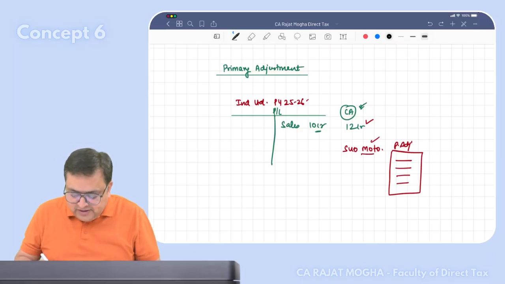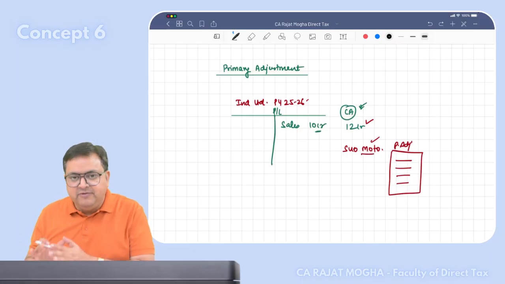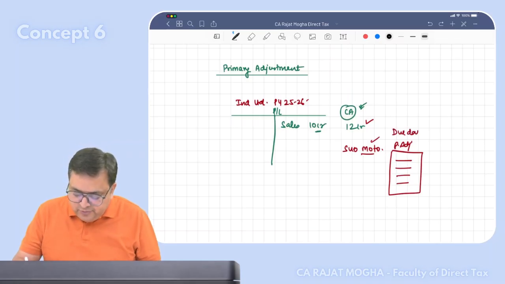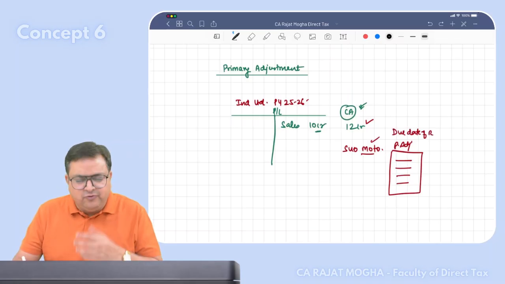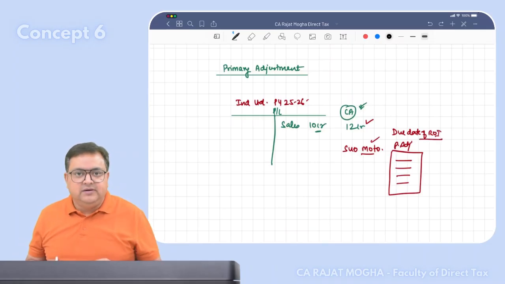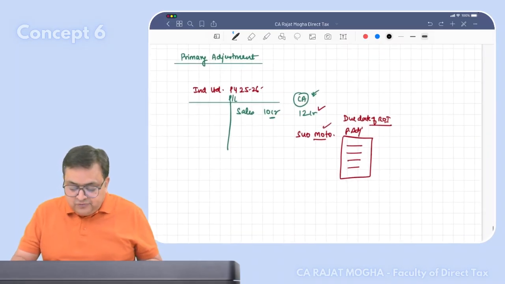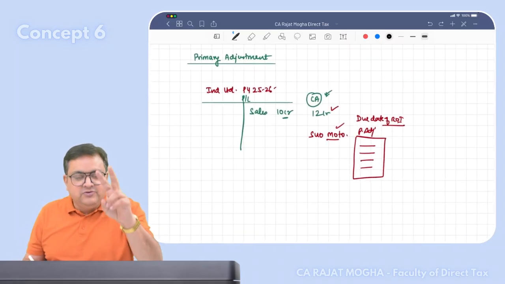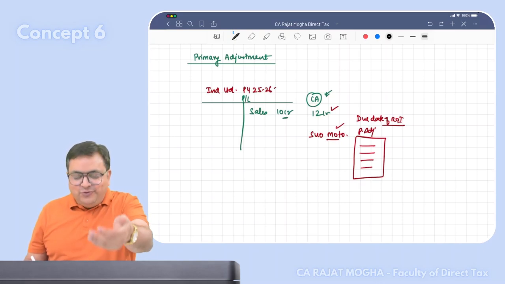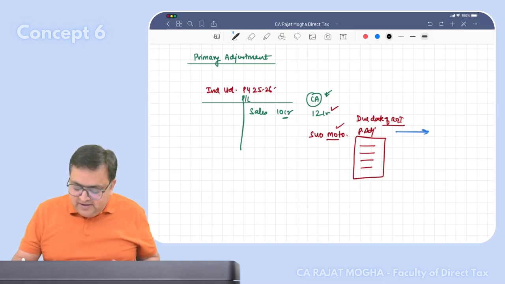So when he is doing it, he will be filing the return. Generally when we file the return, the due date of ROI. Probably we can file before that also, but generally the due date of ROI would be the filing date, right? So you have to bring this money. This money is more than 2 crore. Yes. So you have to bring this money within 90 days.